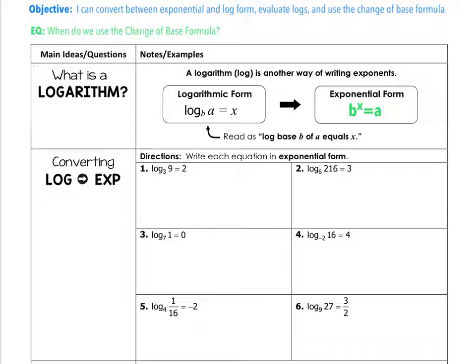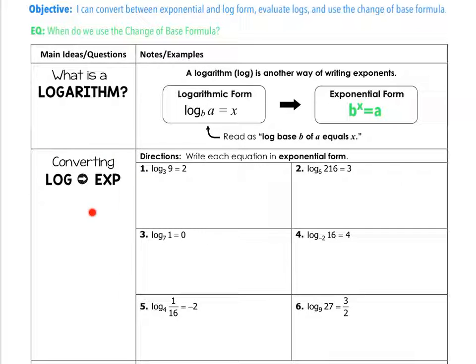These are two things that you're going to need to memorize. You're going to need to memorize that log base b of a equals x is the same as b to the x equals a. So go ahead and make sure you have that written down and that makes sense in your head as far as which pieces go with which in the different forms.